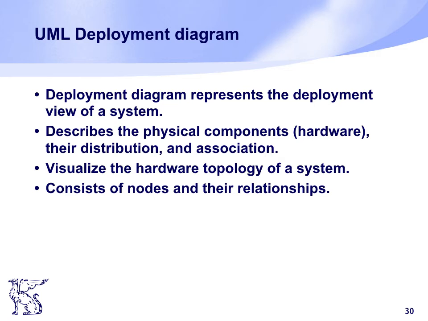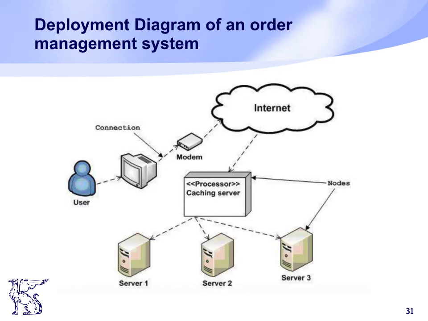Also, from a deployment diagram it's very easy to see whether your application is standalone, web-based, distributed, or mainframe based. This is a deployment diagram of an order management system.